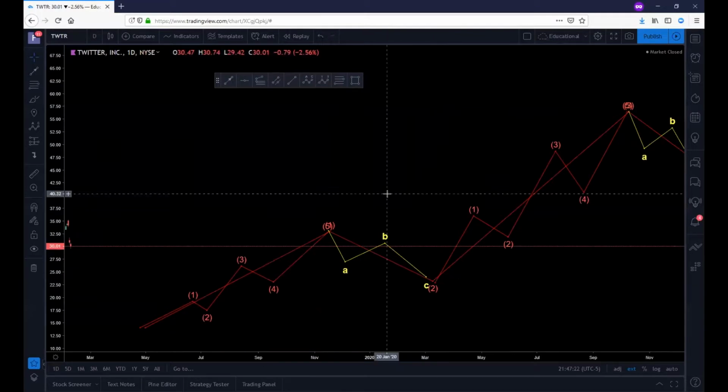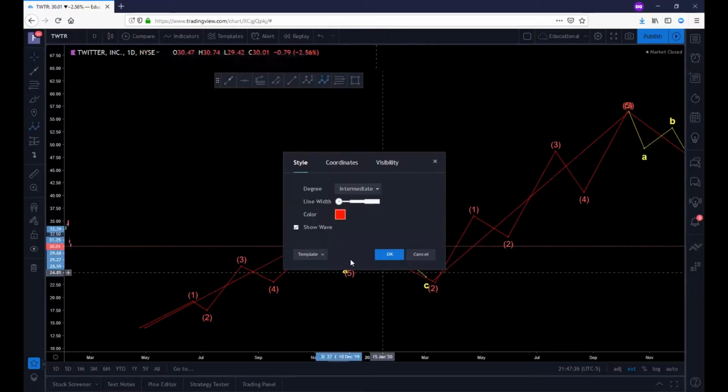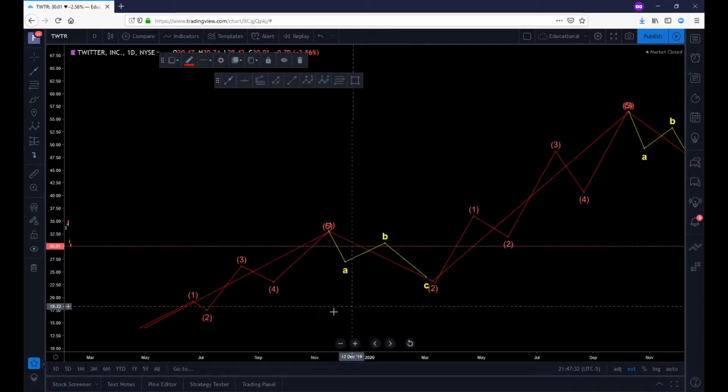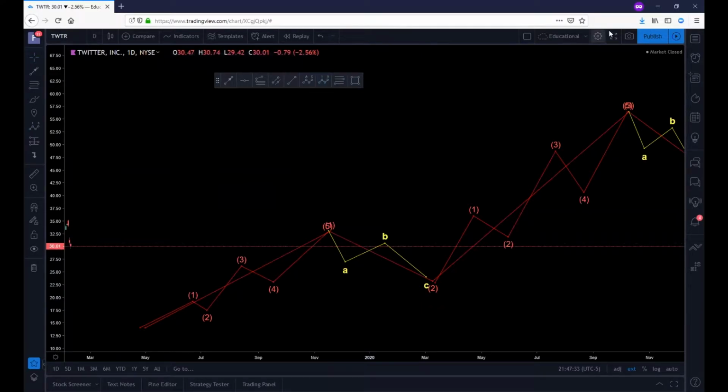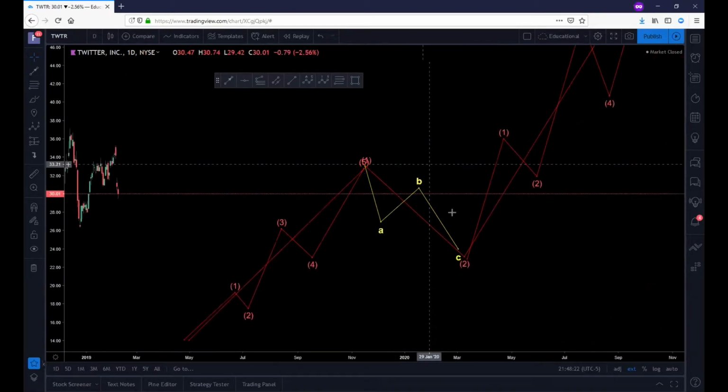Wave As and Cs can also be impulsives, which will have 5 waves within them, followed by 3, followed by 5. So as you can see, as you break them down into smaller time frames, you go deeper and deeper, you can find the same patterns within the patterns.